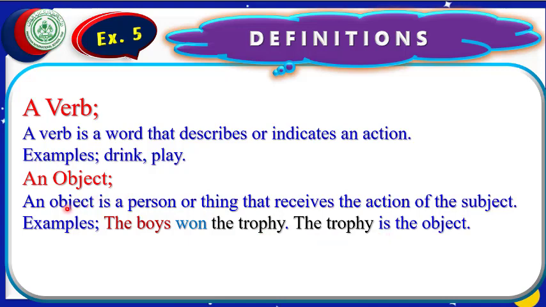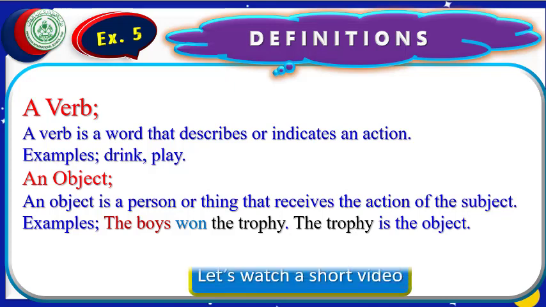What is object? Object is a person or thing that receives the action of the subject. Dear students, I think you have got some idea of a verb and an object.